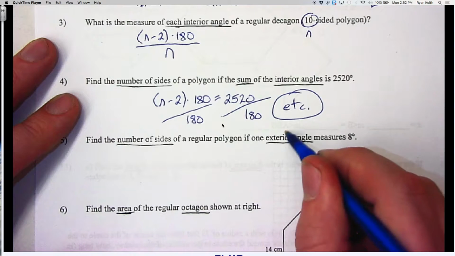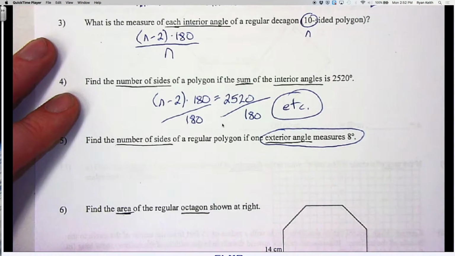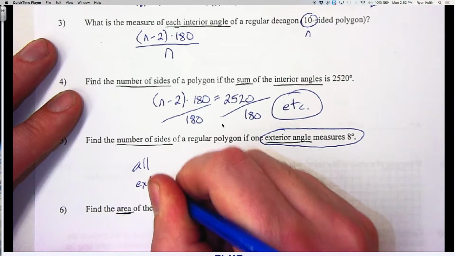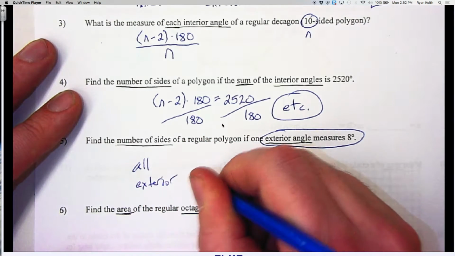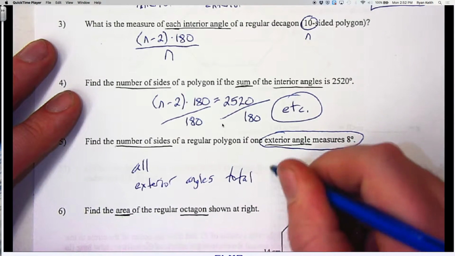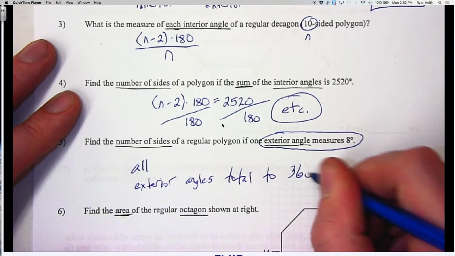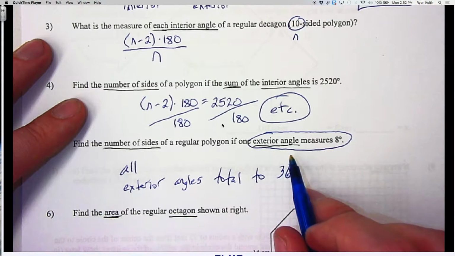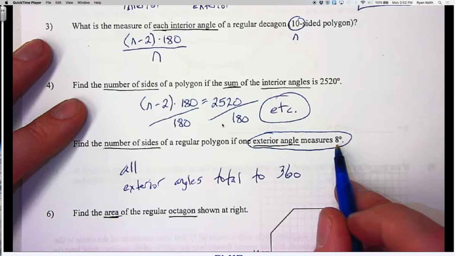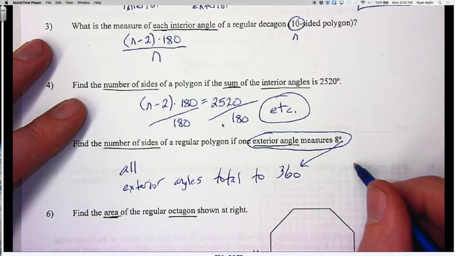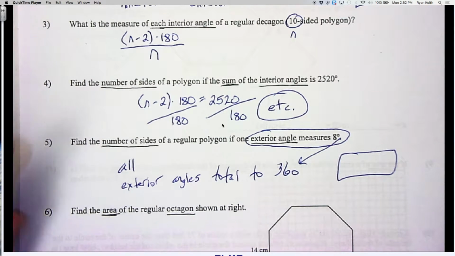But here, as you can see, the exterior angle is just flat out given to us. And as I said before, all exterior angles total to 360. Every time. So if one exterior angle is 8, how many of those would it take to make 360? Simple.